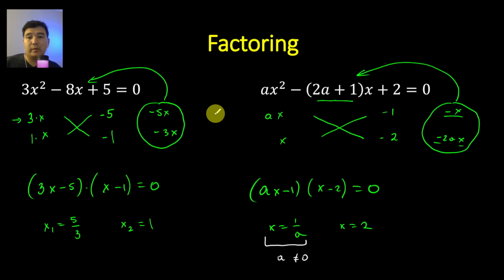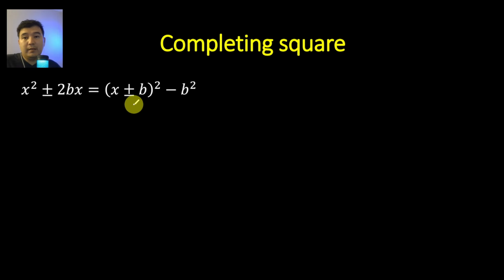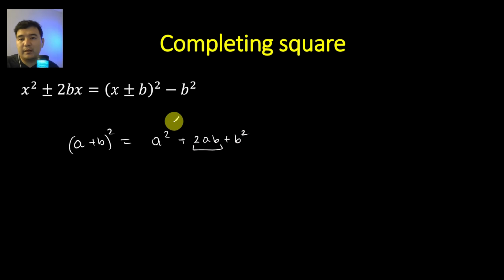use completing the square. The idea of completing the square comes from the formula of (a plus b) squared. So recall this formula, which was a squared plus 2ab plus b squared, with this extra term in here. If I subtract, that's the formula for completing the square usually.